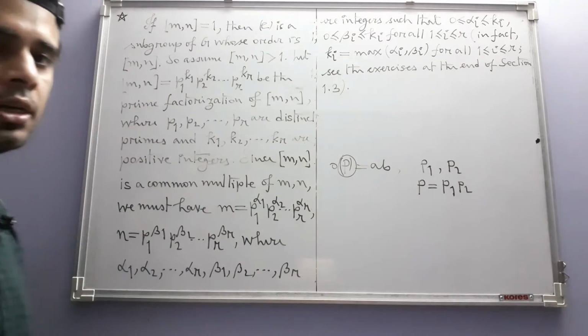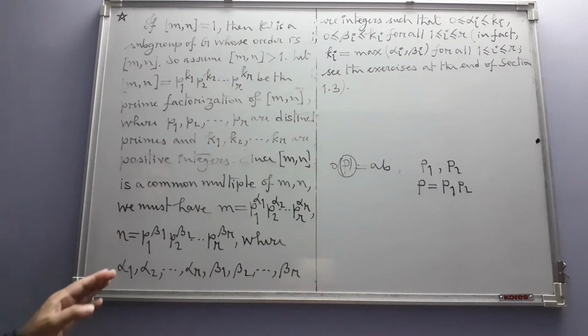This is the result we have proved, and we are now going to use this result to express the subgroups H and K, each one of them, as a product of still smaller subgroups.